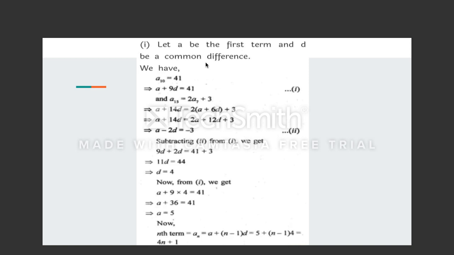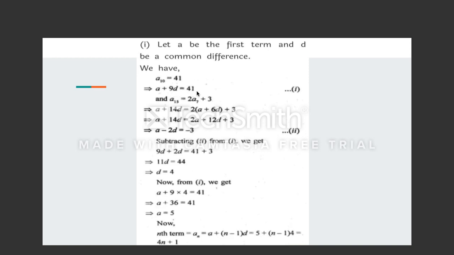Now in the question, it is given that the 10th term of the AP is 41. Now, how will I write A10? What's the formula for An? A plus n minus 1 into D. What's n? 10. So 10 minus 1, 9. So A10 is A plus 9D, that is 41.